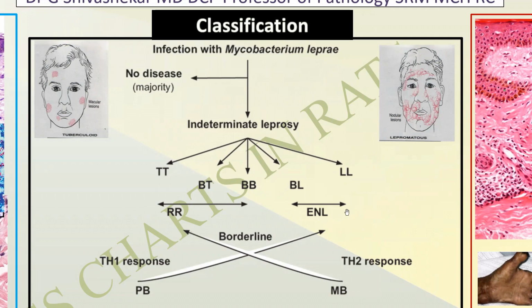The patient is either improving or deteriorating. What we are seeing is a paucibacillary form in tuberculoid Hansen's and a multibacillary form in lepromatous leprosy. These pictures are given in your notes also, which you can make use of.